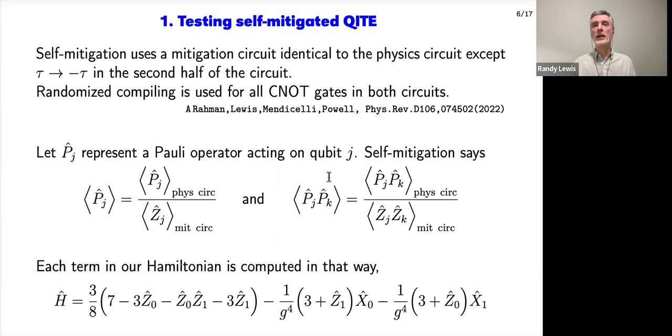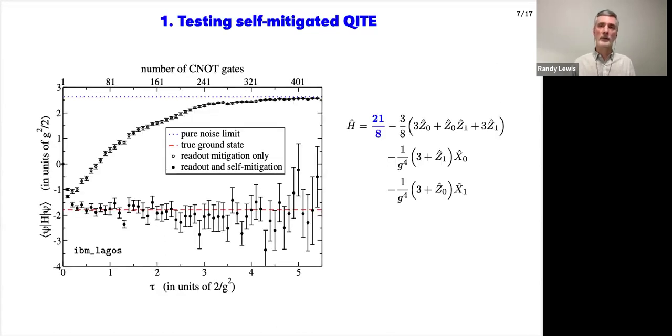And if you have a pair of Paulis in your term, you'll calculate that on the physics circuit, but then you'll rescale it with what came from the mitigation circuit. So we do this for each of the terms in the Hamiltonian, which you see at the bottom of the slide. And it led to the graph that we've already seen. The only new thing I put on the graph now is this dotted line, just to point out that the unmitigated results, they were not just aimlessly wandering away, of course.